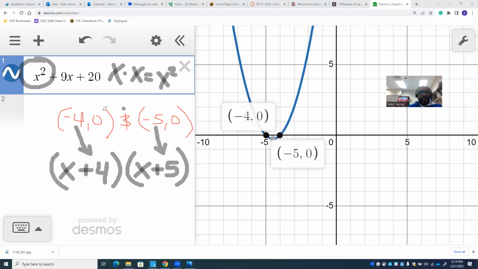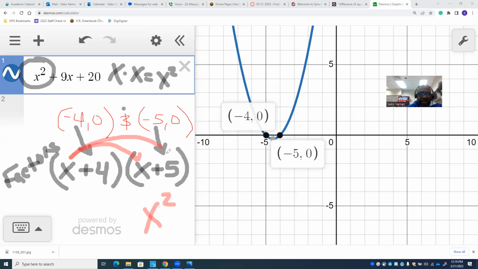So these are the roots. These are the factors. And let me show you what I mean by factors. If I were to multiply x times x, I'll end up with x squared, right?